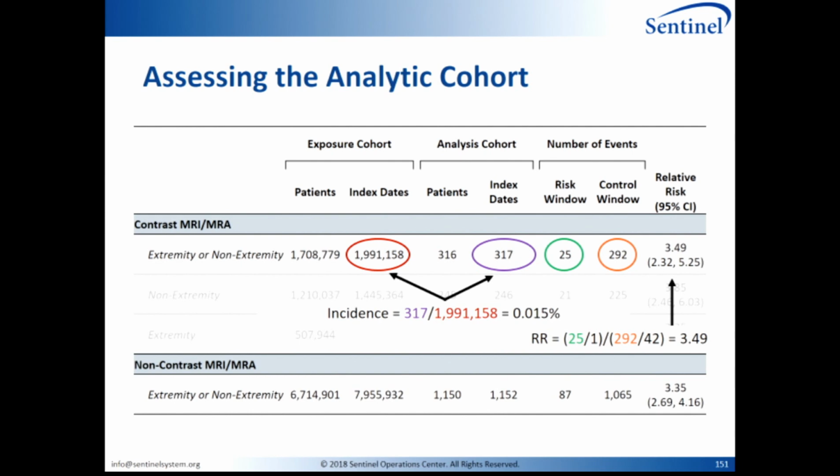And I'd also like to point out, if we look at the non-contrast MRI results at the bottom of the slide, that the final relative risk estimate is 3.35, which is actually relatively close to what we see for contrast MRI. And recall that non-contrast MRI recipients are not exposed to any amount of gadolinium.